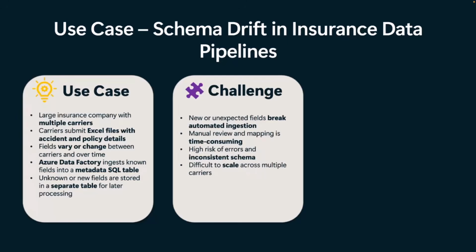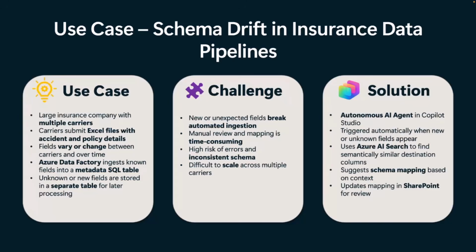But the problem is sometimes these carriers change the field names, and that basically breaks our data ingestion pipelines. And fixing that is extremely manual. Imagine we have 50, 60 carriers, and each carrier has 65, 70 fields. That's a lot of manual work. The solution is using an autonomous AI agent in Copilot Studio.